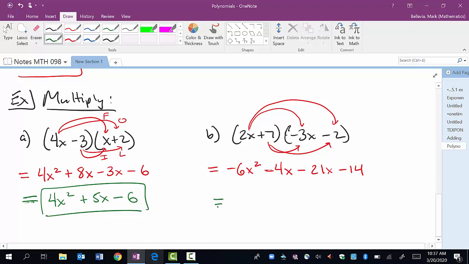Again, we combine like terms if we can. In this case, we do have like terms in the middle. So we have negative 6x squared minus 25x minus 14. None of those are like terms. They can't combine any further.